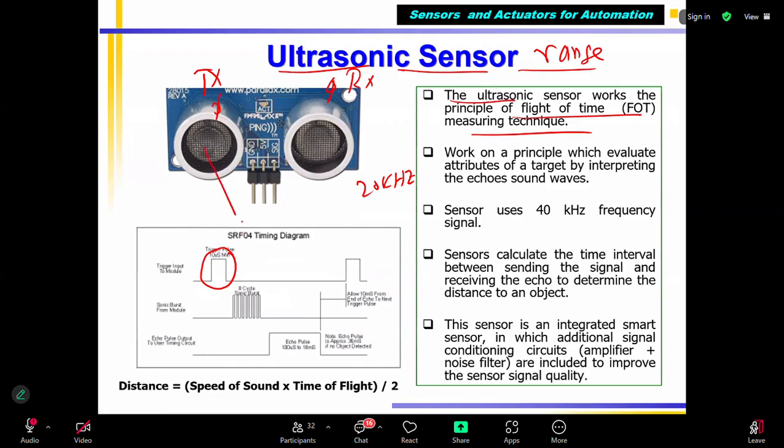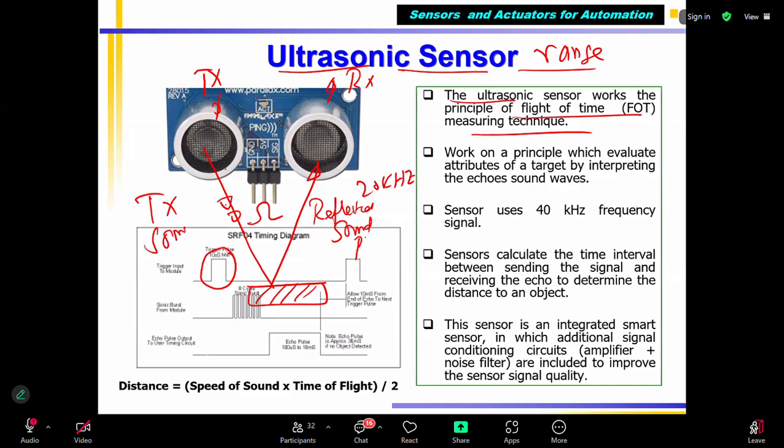This transmits a sound pulse. Correct? A sound pulse is transmitted. If there is a target, an object, it gets reflected, it is pushed back. This is the reflected sound pulse, and this is the transmitted sound pulse. Who creates the sound pulse?